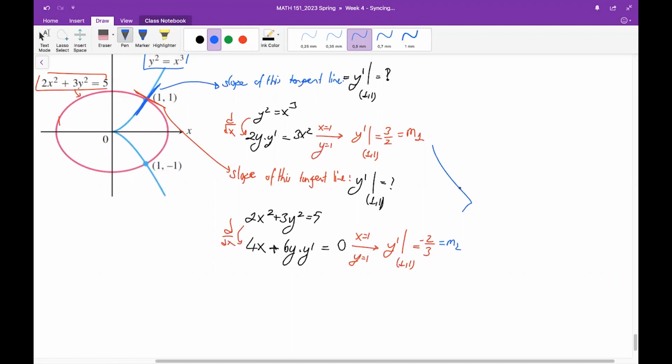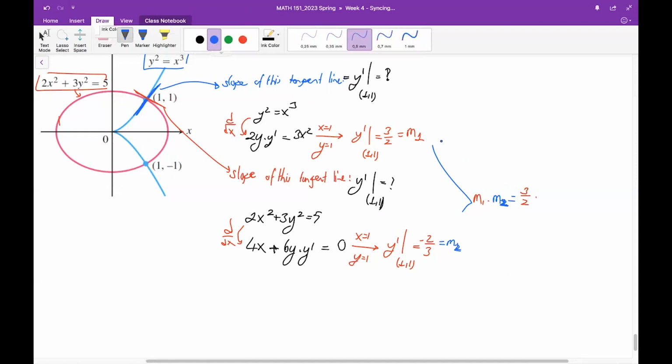Reflection, what do you mean by reflection? I think I misunderstood you. If we multiply these two slopes, what happens? What is it? It is -1. The product of the slopes is -1.